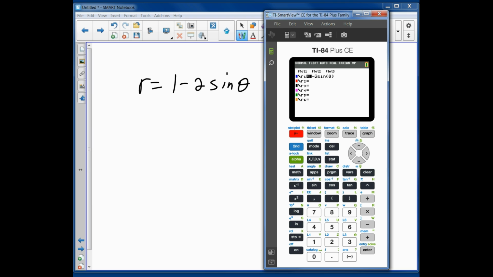If 5 pi over 6 only got us the little loop, it only went from here to there. To get the big circle, 2 pi? No, I think it's 2 pi. Oh, see, it didn't make it all the way.